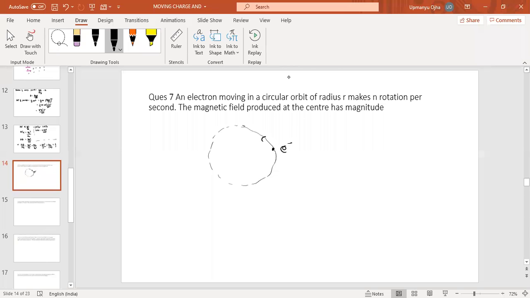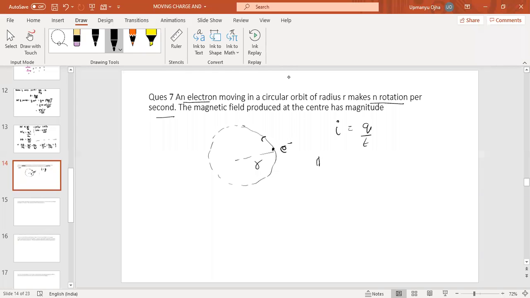Okay, fine. Now we know that the current due to the flow of the electron is given by the charge of the electron by the time taken. Q by T is the current flowing due to the movement of the electron. Now they are telling us that the electron makes n rotations per second, which means what?